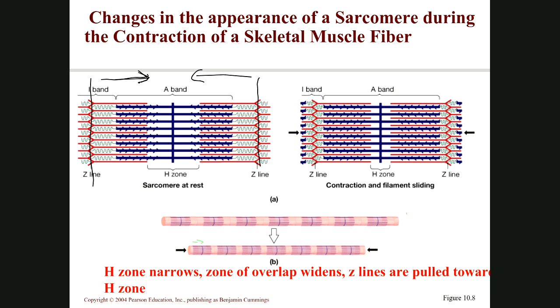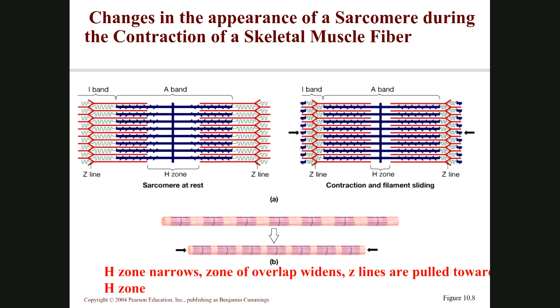Each sarcomere has an H zone, so every single sarcomere contracts towards its H zone. The entire myofibril contracts. And when myofibrils contract, the entire muscle cell contracts, which causes fascicle contraction, which causes skeletal muscle contraction.